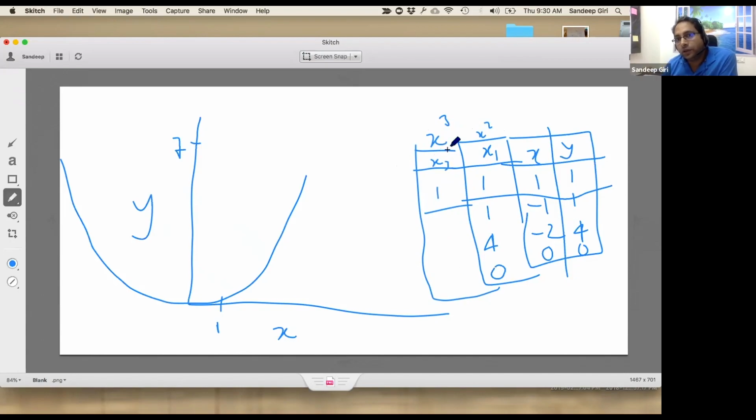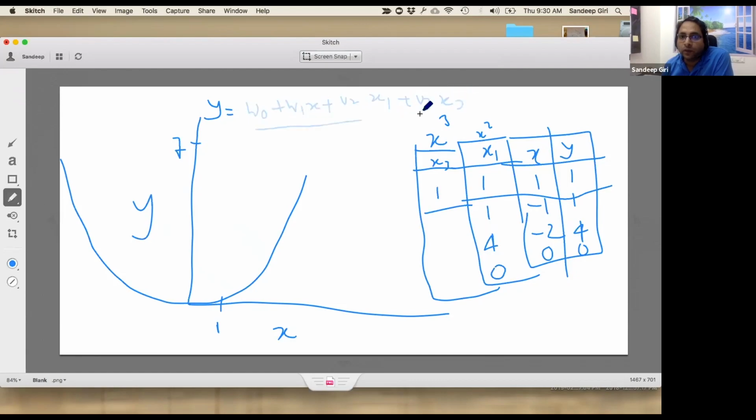Now we have three features, x, x1, and x3, and we have y. So we say y is a linear function of these: w naught plus w1x plus w2x1 plus w3x3.